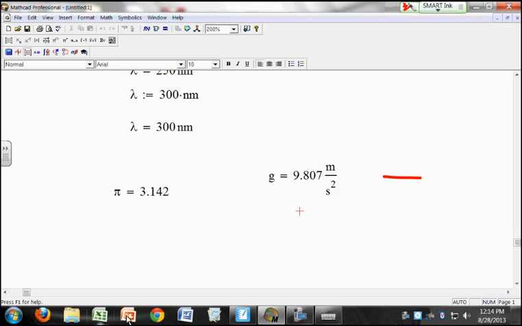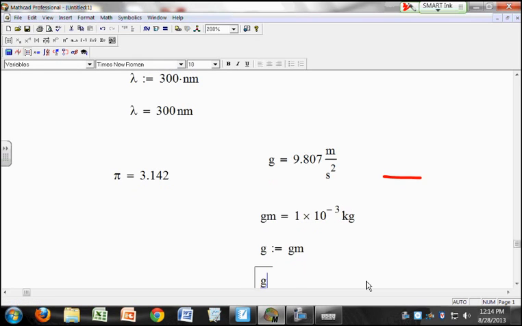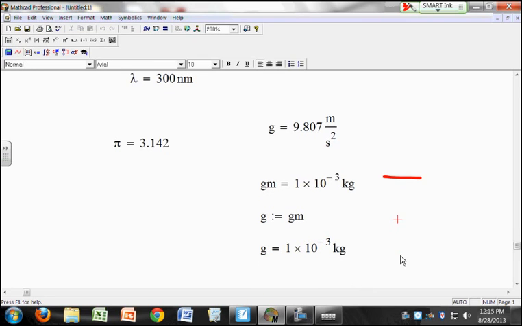Since we use g a lot for grams, and gram in Mathcad has to be entered as gm, if you don't ever intend to use the symbol g for acceleration due to gravity, you can just define g as gram. So now g is equal to 10 to the negative third kilogram, which is what it should be.